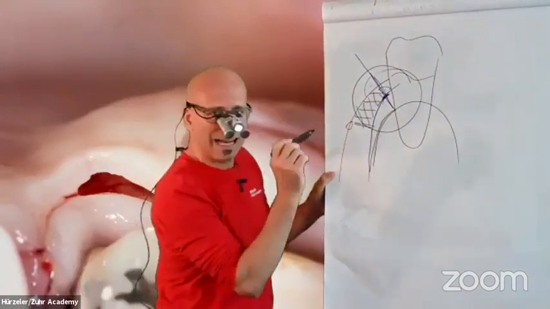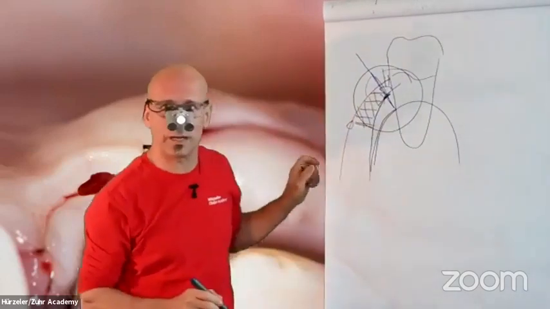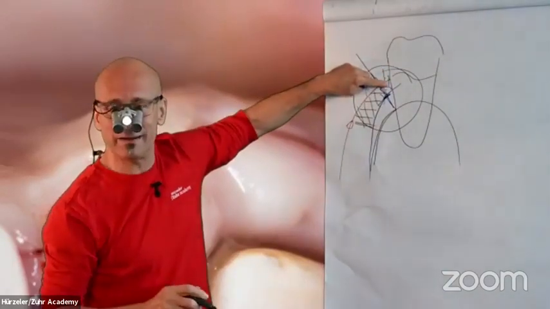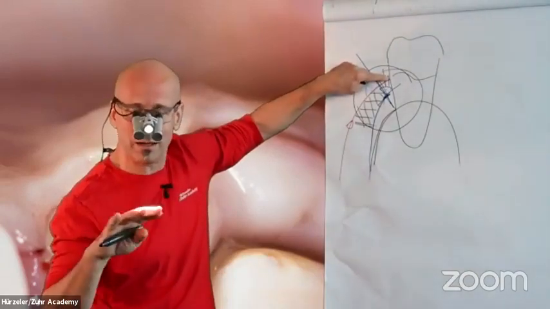If you now cut here into this tissue a little bit, that's what I'm going to do. I cut here in this tissue. Doesn't matter, because this tissue later on, I will cut off anyhow.